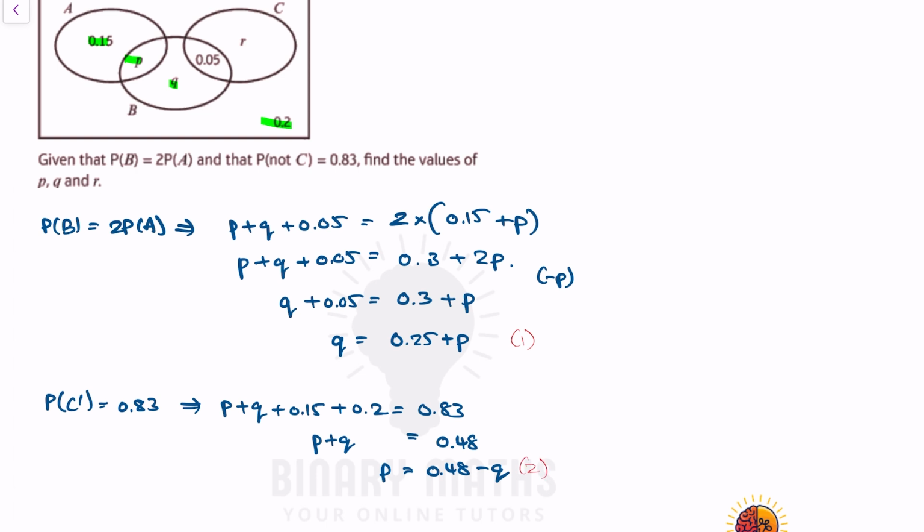So I can substitute 2 into 1. Then I end up getting Q is equal to 0.25 plus 0.48 minus Q, which means 2Q is equal to 0.73, which means Q is equal to 0.73 divided by 2, which is equal to 0.365.